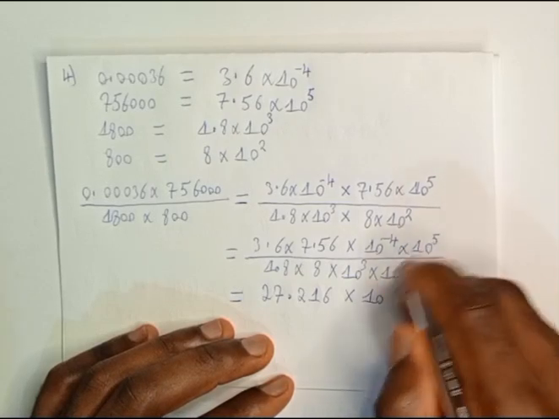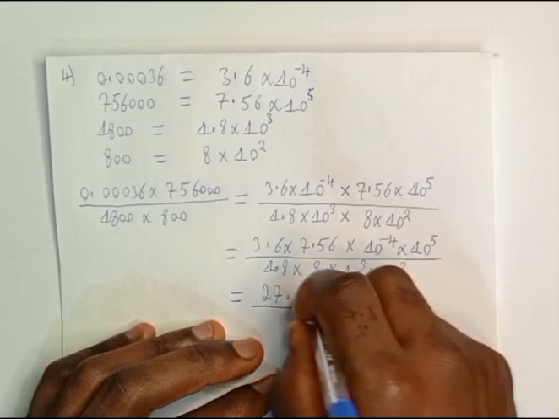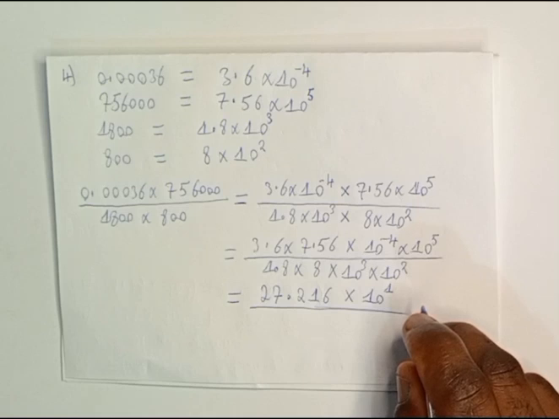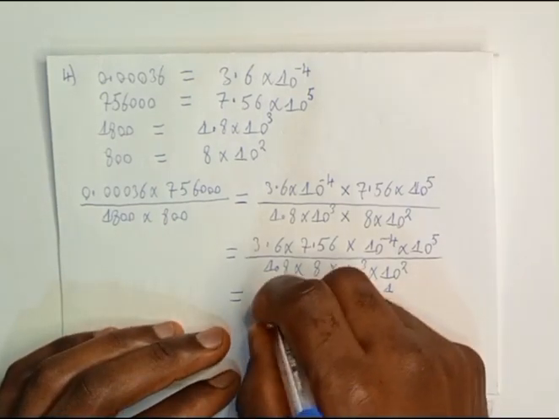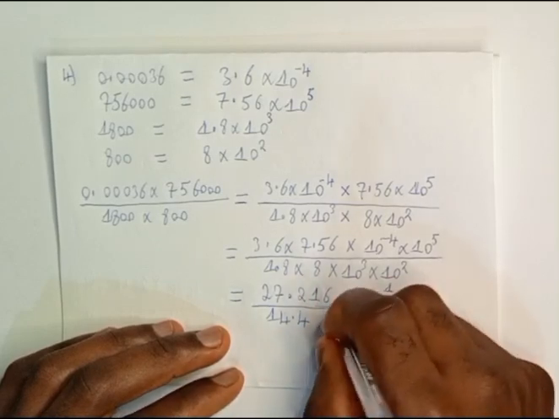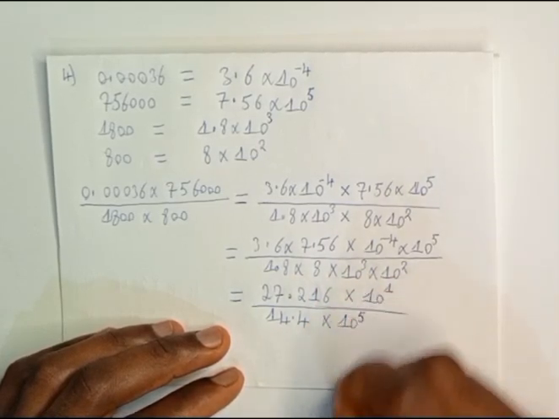Negative 4 plus 5 gives us 1. We divide by 1.8 times 8 gives us 14.4 times 10 raised to the power 3 plus 2, which is 5.